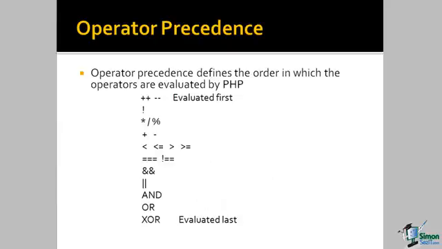So operator precedence, a fancy word for just saying, when will something happen? Well, the programming language, like PHP and like all programming languages, defines an order in which the operators will execute. And this is the order. So the first thing that ever happens is the increment decrement operators, and then the negation operator, the bang, the not, and then the others in the list as you see them here.